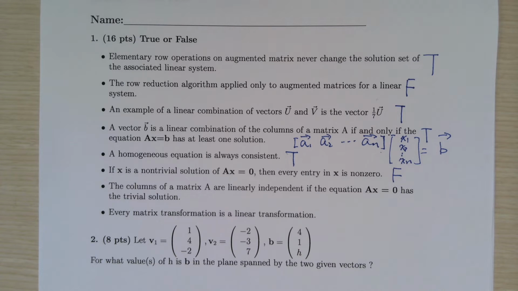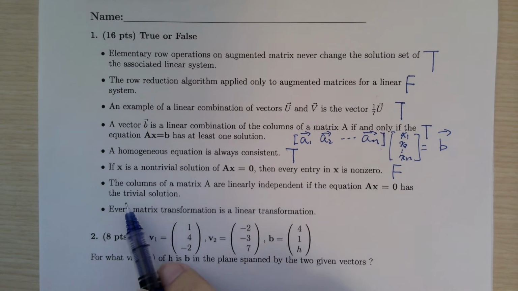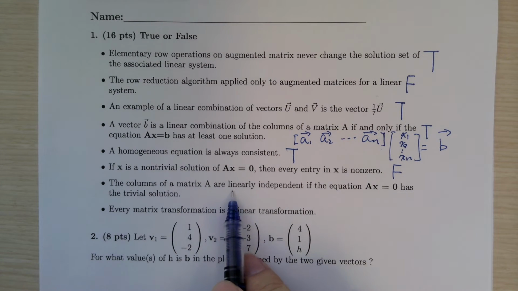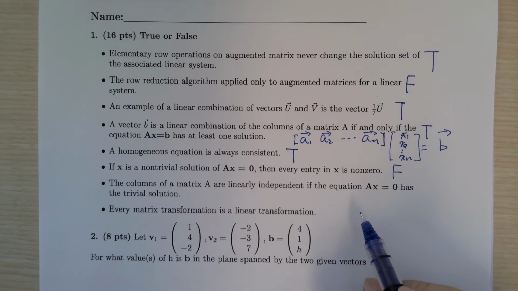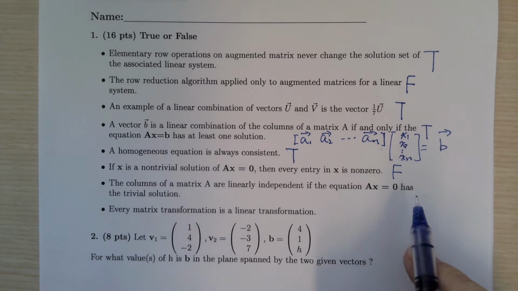So it will be good enough to satisfy the non-trivial one, right? Because if it's a trivial one, that means all the entries of x are going to be 0. Okay, so we don't have to make all of them non-zero. At least one of them being non-zero is good enough. So this is false.